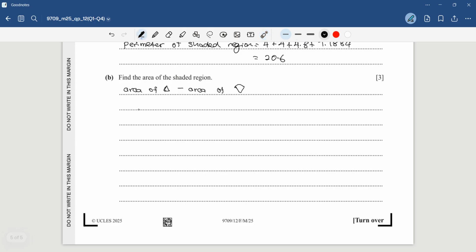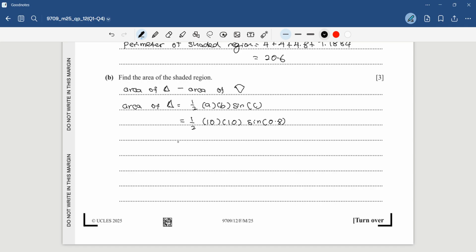For the area of triangle, you can use 1 over 2 ab sine C. My a here is 10, my b here is 10, and my sine C.